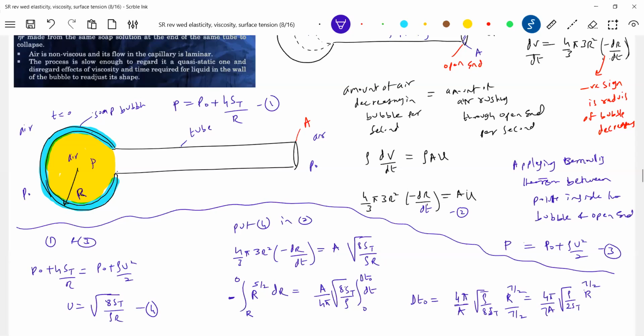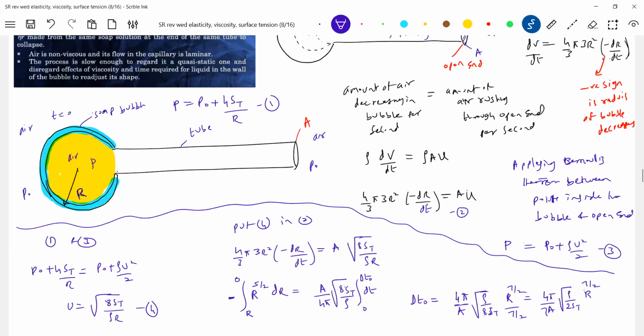Okay, check it. It will be 2 pi, sir. 2 pi, no, one from here, 1 2 will come, no? 8 ST. Root 8 is there, no? So root 8, I'll take 1 4 outside. Okay, sir. Yeah, that one.